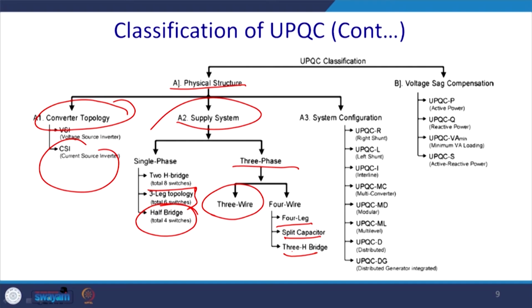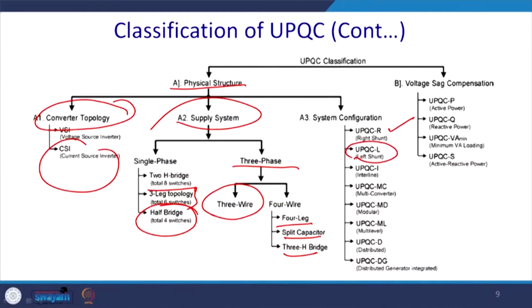And for the system configurations, we may have UPQC-R, that is, the right shunt, and that is preferred because the voltage is generally compensated first for voltage-related problems, then the current takes over and ultimately compensates the current-related problems. In the same way we can have a left shunt.